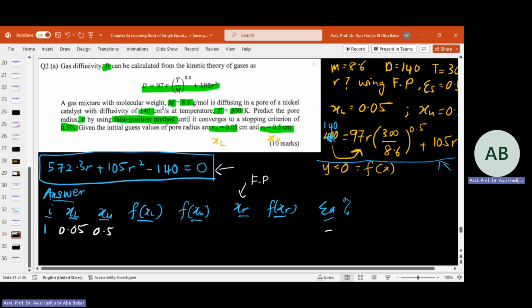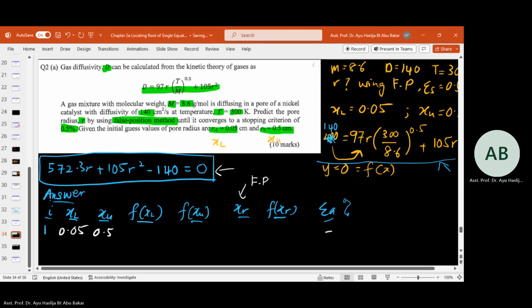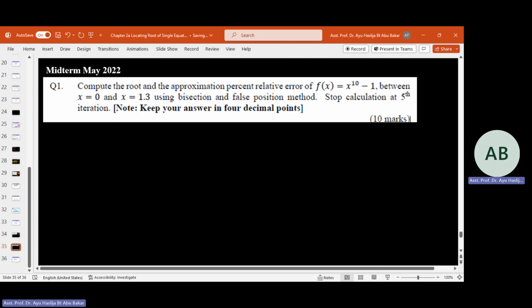I think this one is in the exercise already. Never mind. Later I will upload this recorded session, so you will see the question over here. You can try to do it for the false position method. This one is also a previous final exam question. Then this is a midterm question.